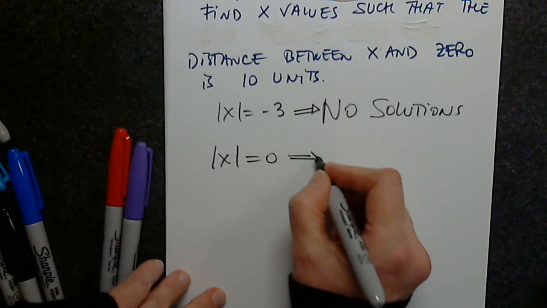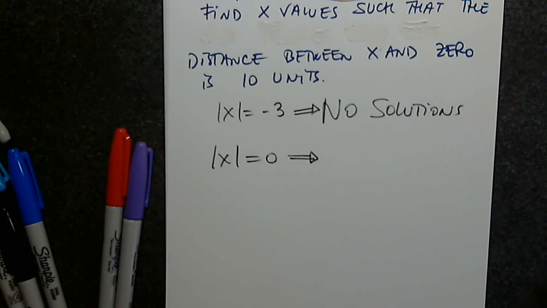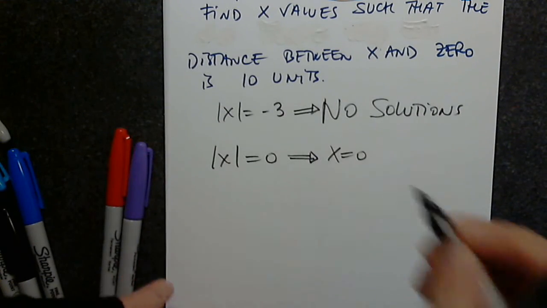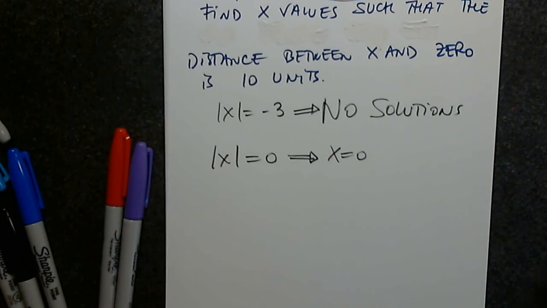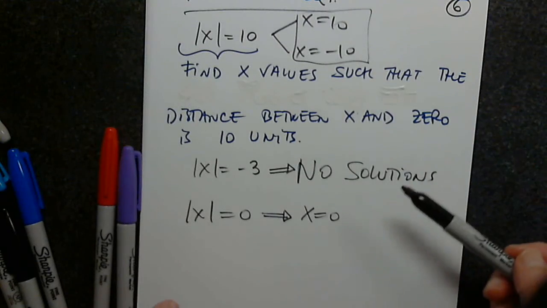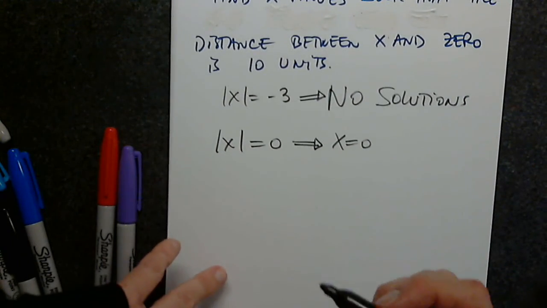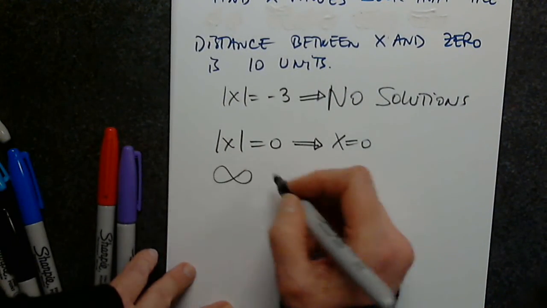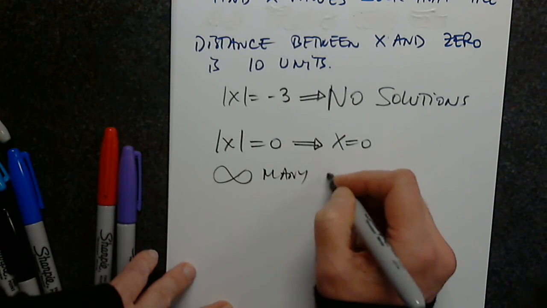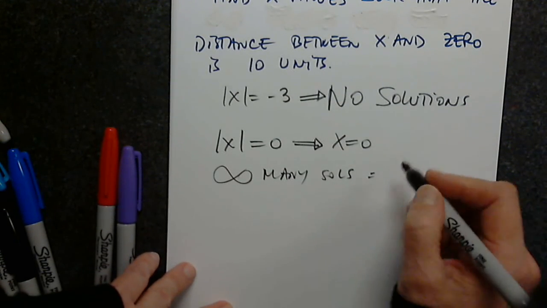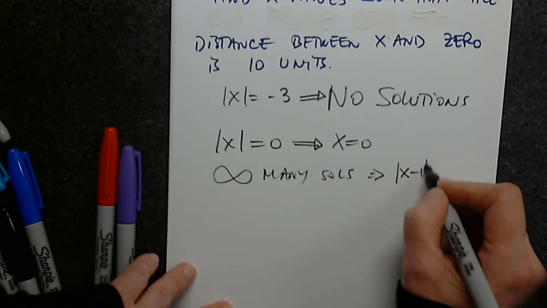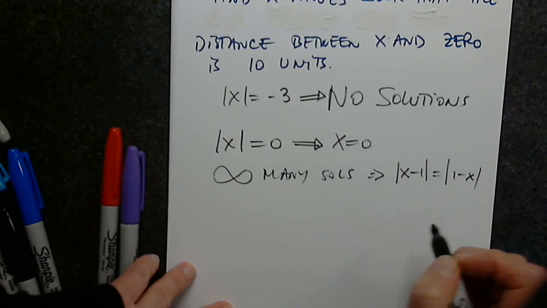What about this? How many solutions will this equation have? Just x equals 0. Very good. So you see 2 solutions, no solutions, 1 solution. There is a fourth one with infinitely many solutions. For example, the absolute value of x minus 1 equals the absolute value of 1 minus x.